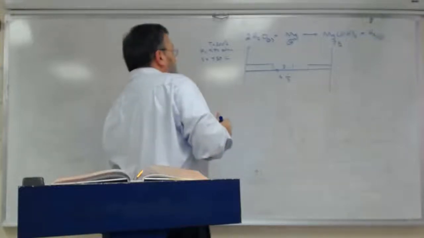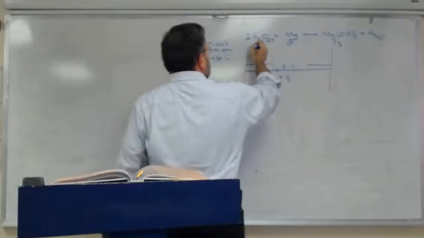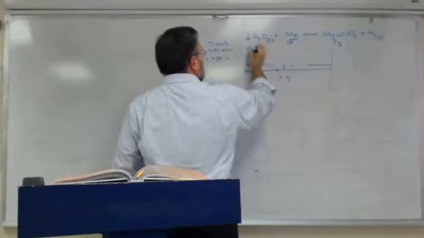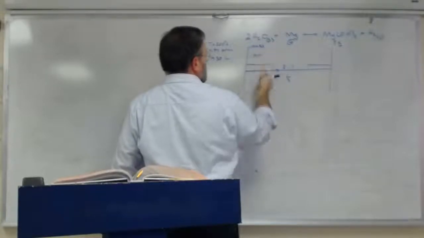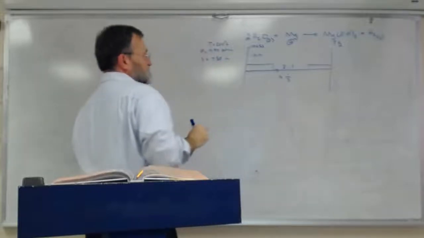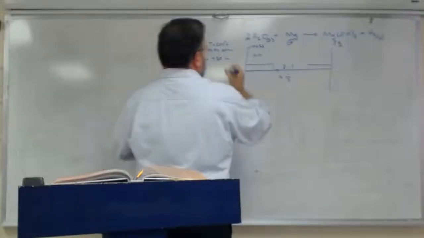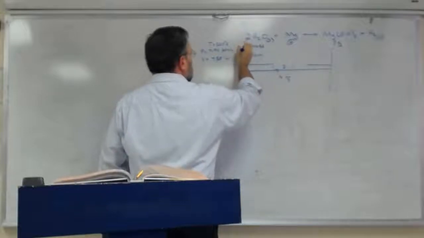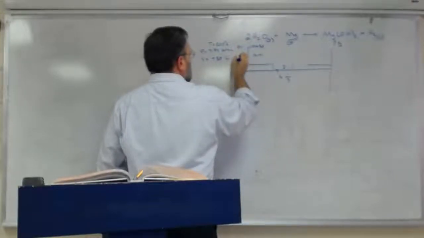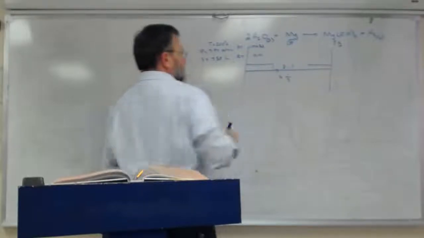Well, we could have mass divided by the molar mass to give us moles. We don't have the mass here, do we? So we're going to be coming down with PV over RT to give us the number of moles.